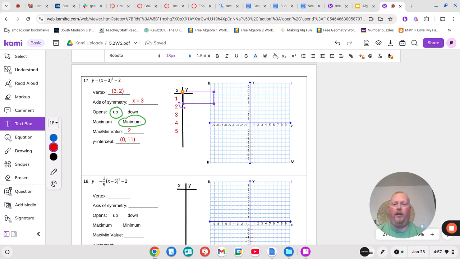So 1, if I plug it in, let's see, it's my -2, 4, and it's going to give me 6. And for the sake of time, I'm just doing this mentally. If I plug in 2, I get 3. If I plug in 3, I've already done this, and I get 2. And then it's symmetrical, so the next one's going to be 3, next one's going to be 6.